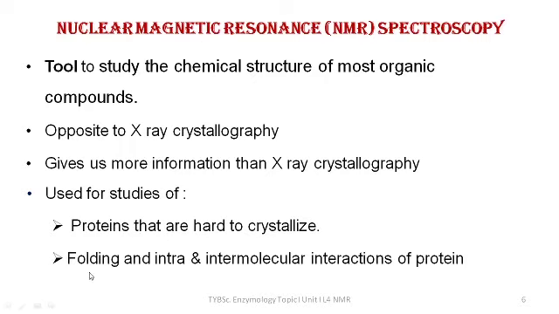We can use NMR spectroscopy in the studies of folding of the proteins or the enzymes. And this folding of the proteins or the enzymes is responsible for the conversion of the primary structure of the proteins to the secondary, tertiary and quaternary structure.